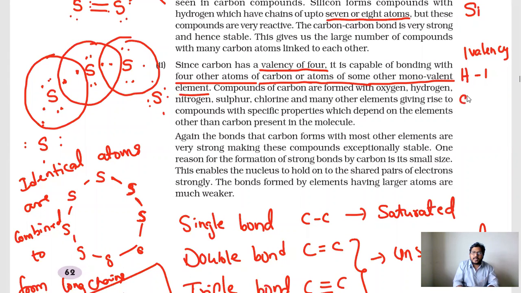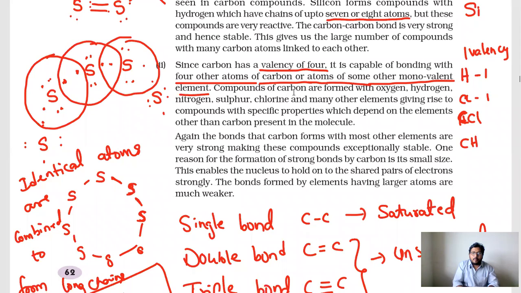And chlorine valency is 1. Hydrogen can combine with chlorine, HCl can be formed, and carbon can combine with chlorine, right? And carbon can combine with hydrogen. Like that, it can combine with monovalent elements. Why? Because it has 4 valency, and that 4 valency is known as tetravalency.